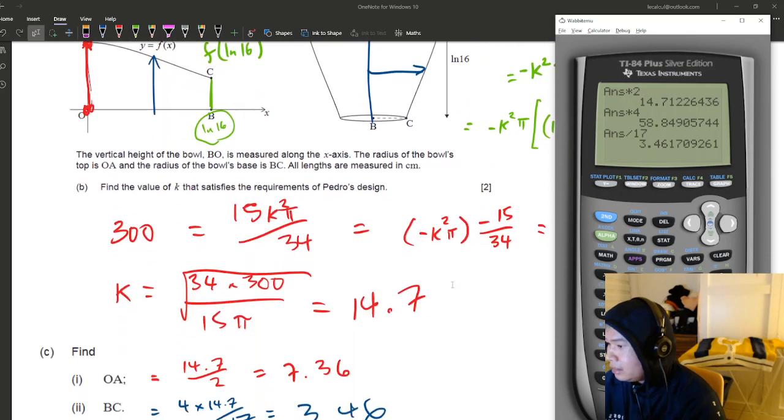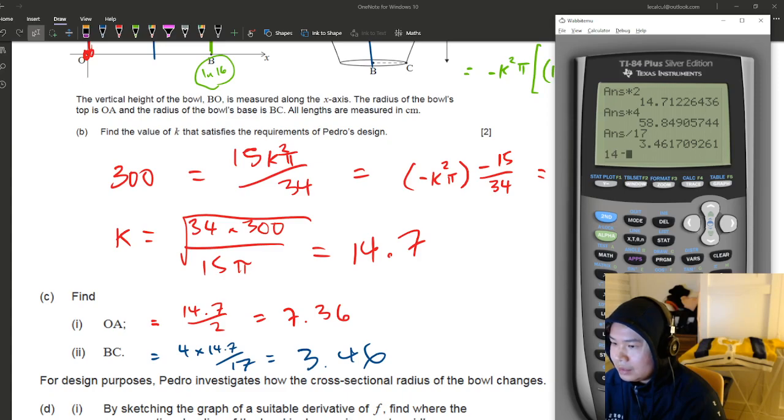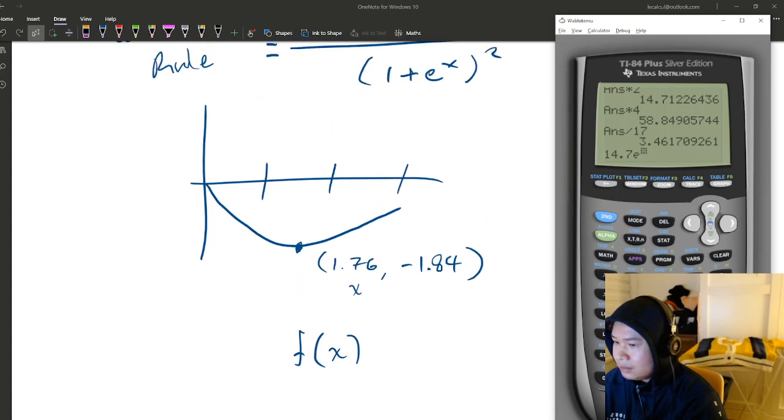So what's k? 14.7 times e to the power of x, which is 1.76, divided by 2. And then this is going to be divided by 1 plus e to the power of x, 1.76. Okay, 5.2.